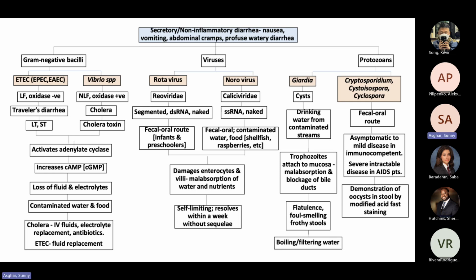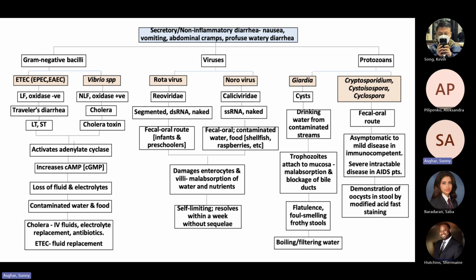And then continuing on, we have our Cryptosporidium, our Cystospora, and then our Cyclospora. This route is also fecal oral. Again, when they say fecal oral, it's just mouth to butt to mouth, right?